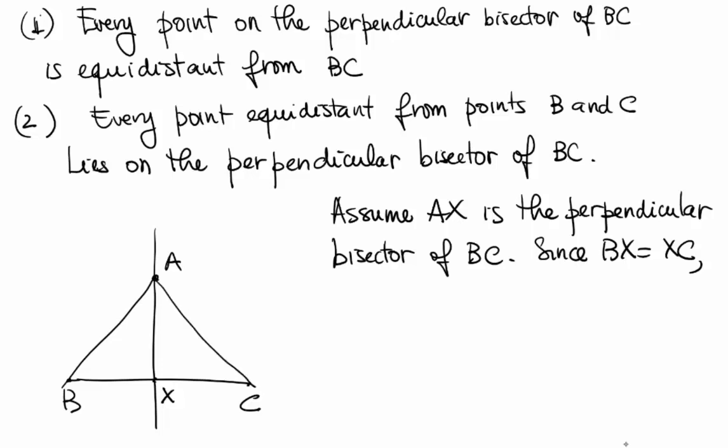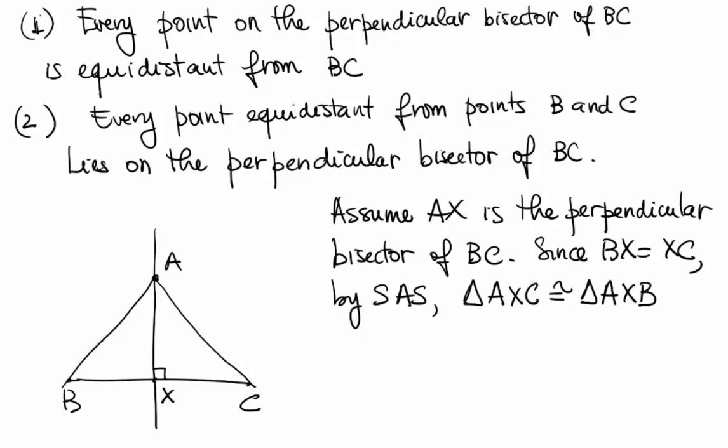Then by side angle side, the triangle AXC must be congruent to triangle AXB. So the point is, this is a 90-degree angle because it's a perpendicular bisector, right? This is also 90 degrees, so they're the same. They share this side.